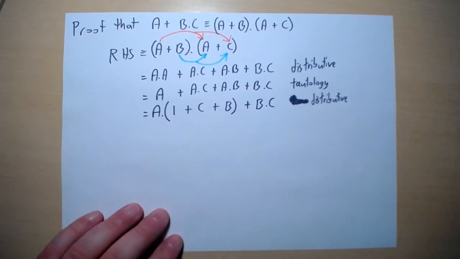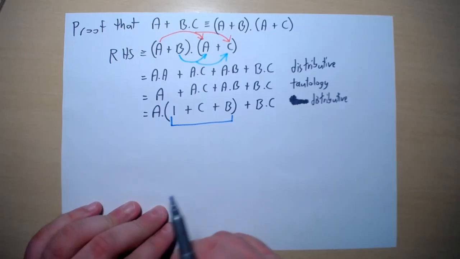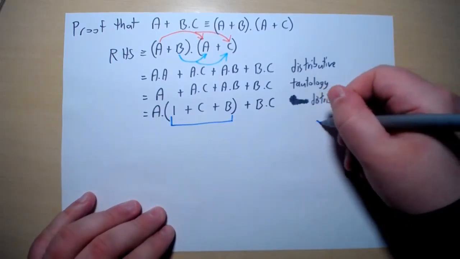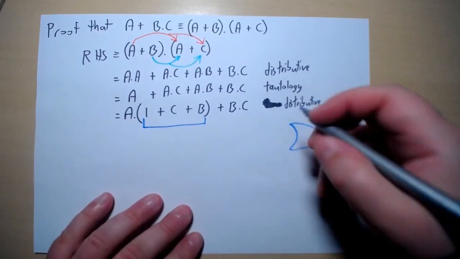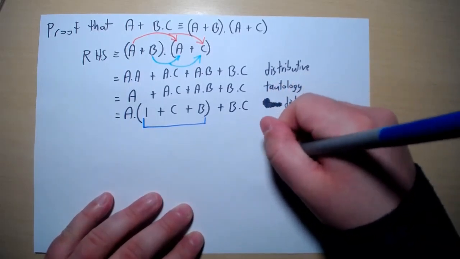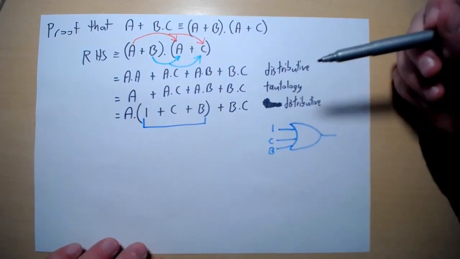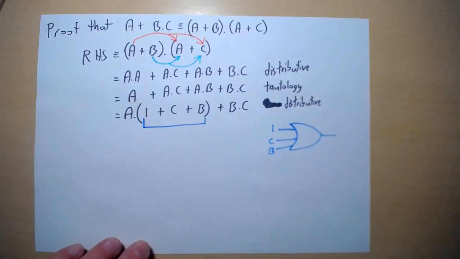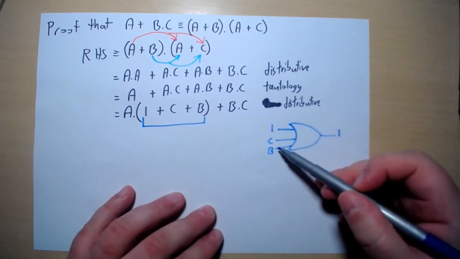Now, if we focus on this bracket, we can also sketch here what we have. We basically have an OR gate, and in this OR gate we have 3 inputs, 1, C, and B. We know that whenever we have an OR gate, that there is a 1 going through it, the output is always going to be 1, irrespective of what the other inputs are.